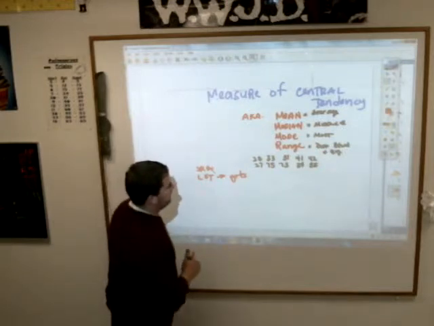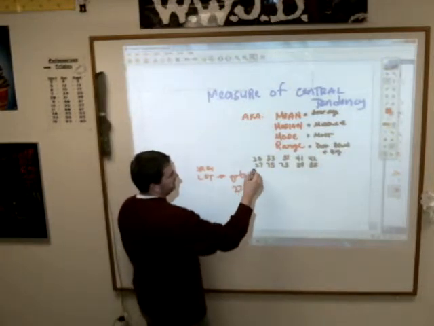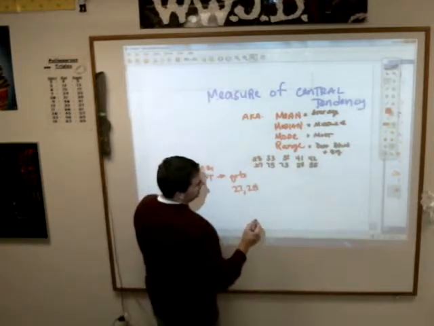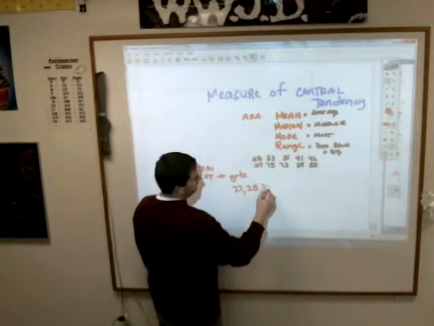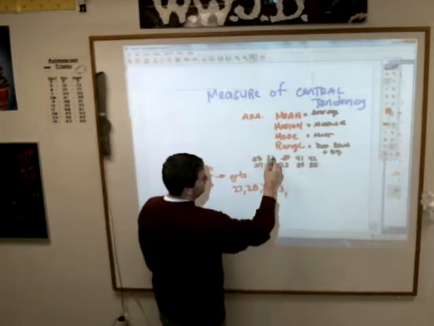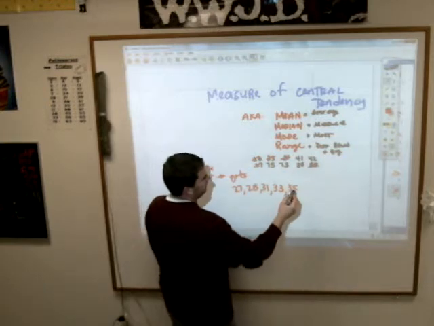So if we're doing that, then it looks like we have a 27, a 28, a 31, a 33, a 35, a 38.